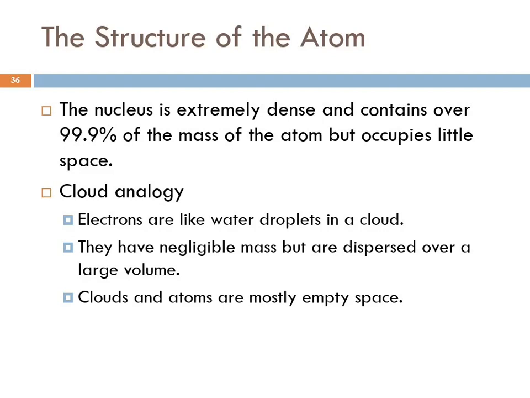Those little tiny droplets have negligible mass. They themselves do not take up much space, and yet they occupy a great volume, right? So electrons are like water droplets in a cloud. Their mass is so small that it just really doesn't even matter. But they're dispersed over a large volume. So clouds and atoms are mostly empty space.